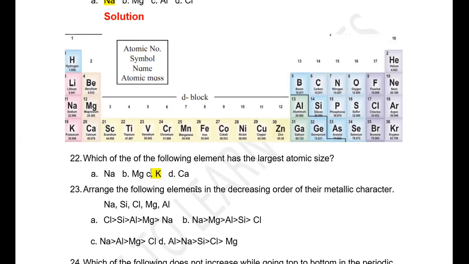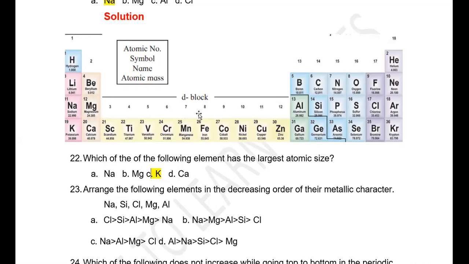Next is, arrange the following elements in the decreasing order of metallic character. Sodium, silicon, chlorine, magnesium, aluminium. Metallic character decreases as we move from left to right in a period. So look at this periodic table: sodium, magnesium, aluminium, silicon, chlorine.